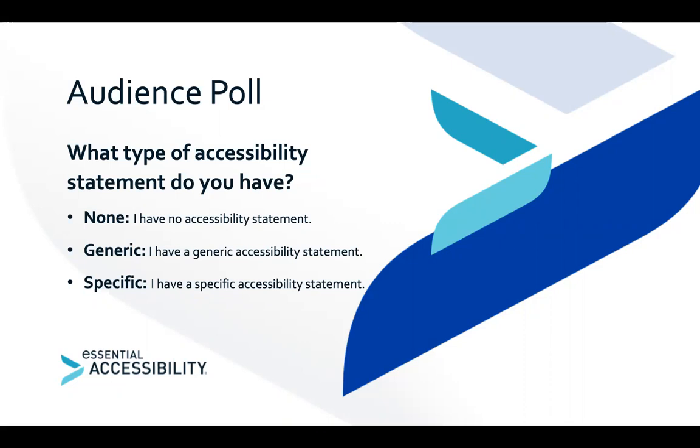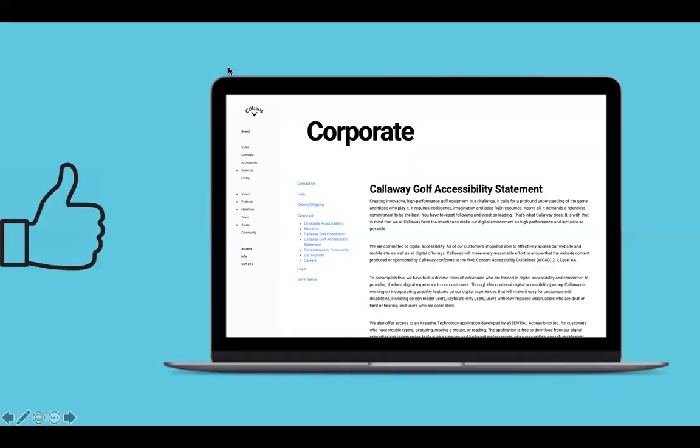So Simon, I'm going to hand it back to you, but it's just very interesting to see the poll results. 59% of the people do not have an accessibility statement. 26% have a generic one, and only 15% have a specific one. That just shows us the variance of the audience that's on the line here, and also how helpful probably these 4 steps are going to be to you. So let's continue. Excellent. Thanks a lot.